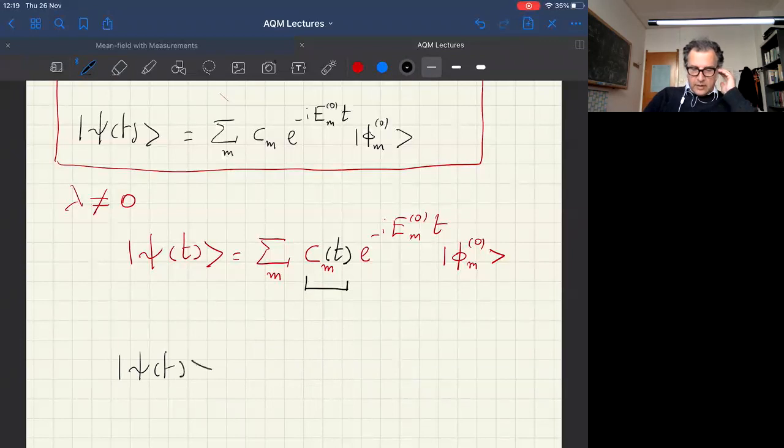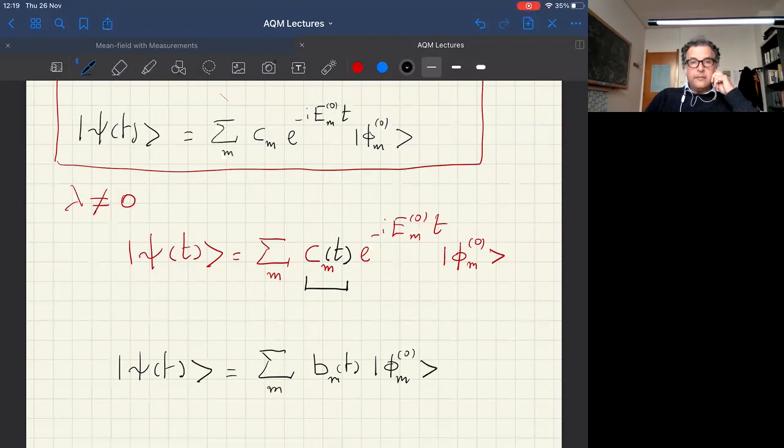I have a problem, I have psi of t, and I just want to represent it in a given basis. Do you agree that I can always write something like Bm of t phi 0 of m?